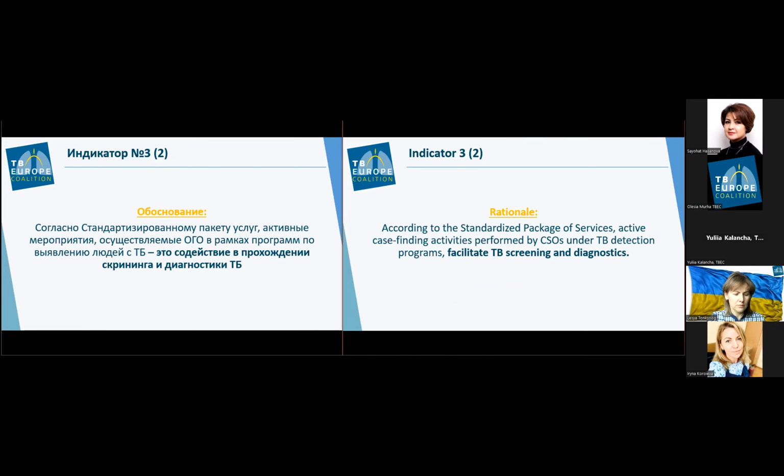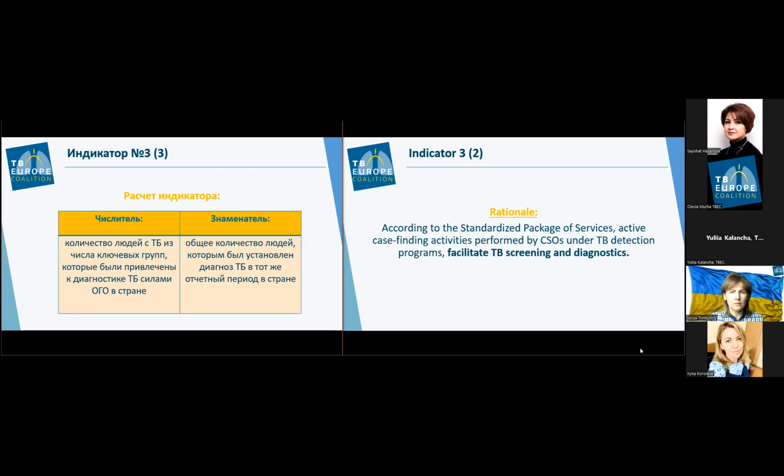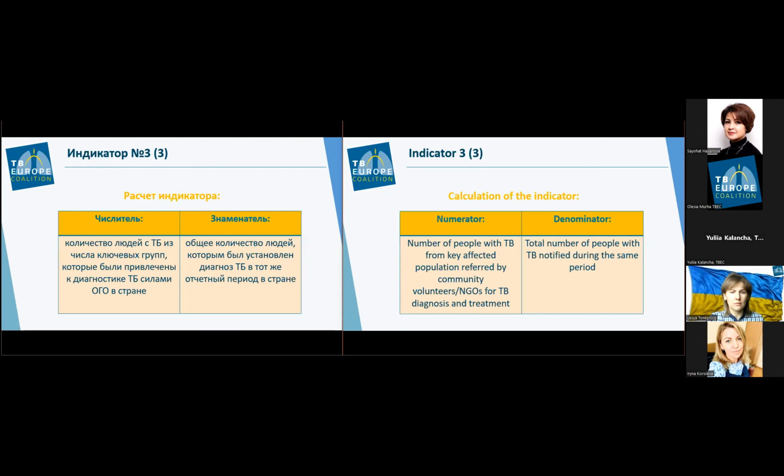The rationale for this indicator is the following. We understand that it is an active activity. So these organizations help people to be enrolled in the diagnostics and treatment of TB and screening for TB. And this indicator is calculated on the following basis.